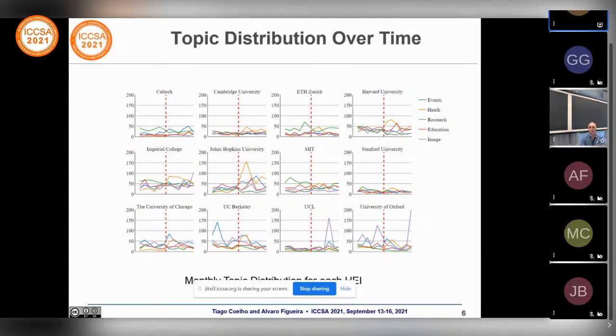If these characteristics are correlated, this could be because of the high semantic similarity between health and research, which, among all the possible topic pairs, were the ones with the most semantic similarity. Besides that, we can also observe a sudden and massive increase in the health topic immediately after the COVID-19 pandemic declaration, and that is shared by all HEIs.